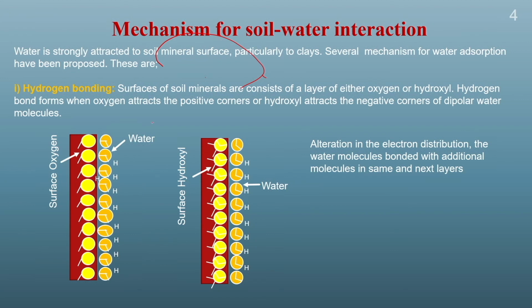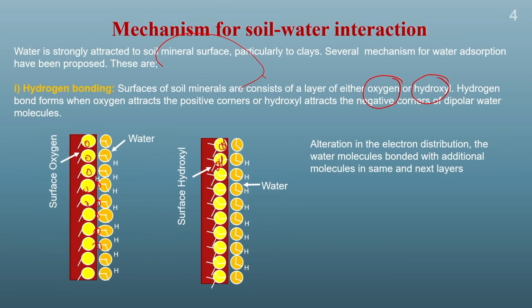We know that the clay surface has either a layer of oxygen or hydroxyl. This is the water molecule. Here, these are the oxygen atoms present over here. Now, this hydrogen atom forms a hydrogen bond with this oxygen atom, and similarly there will also be some hydroxyl ion over here, this OH ion.